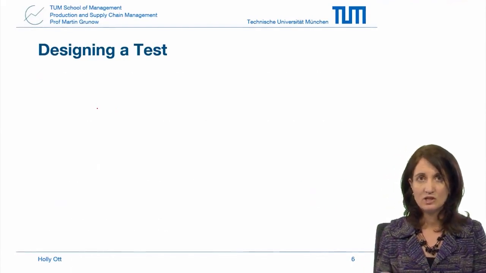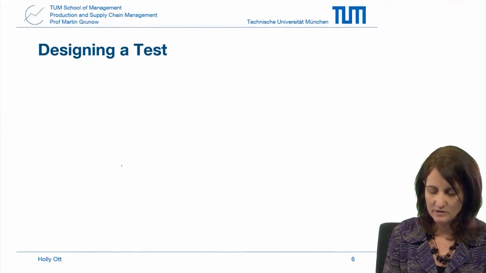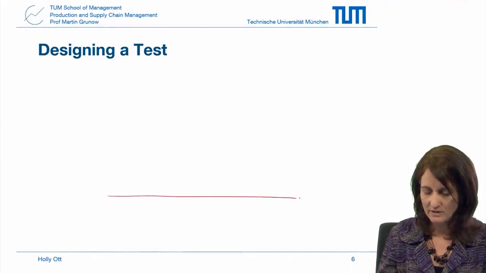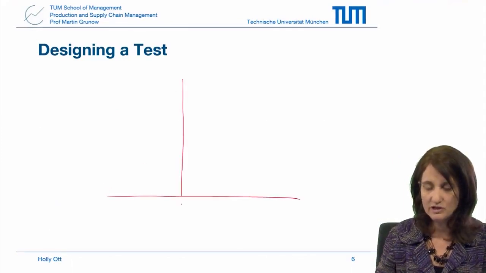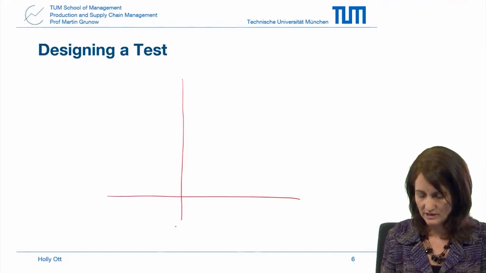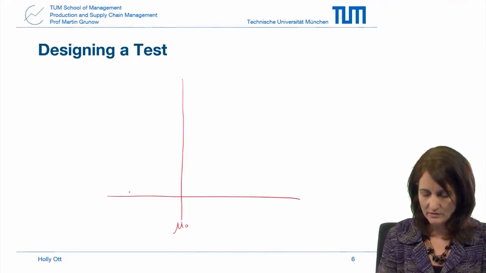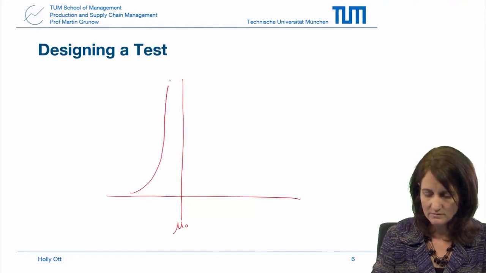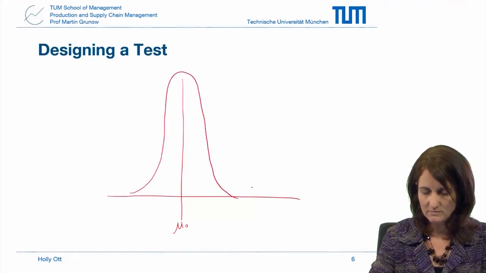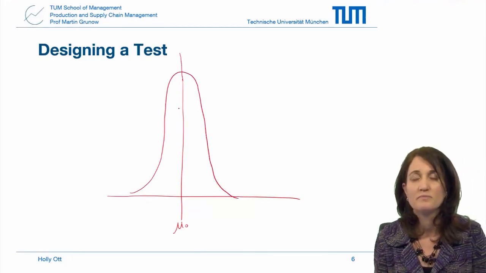Now I'd like to draw this. Suppose we have a population which is centered about a mean, normally distributed.